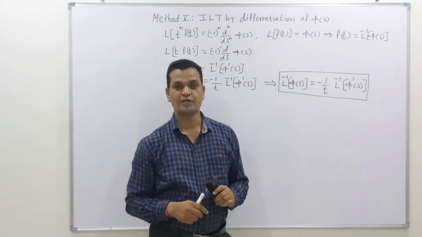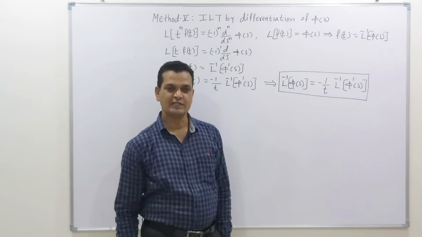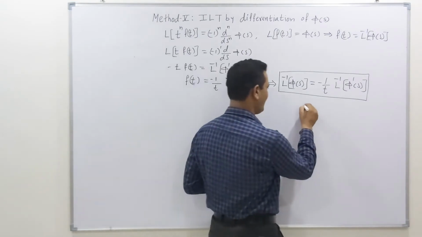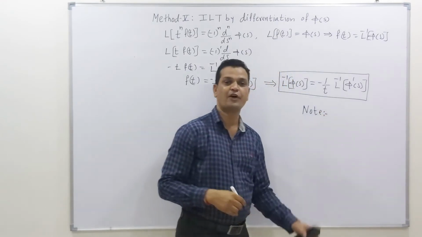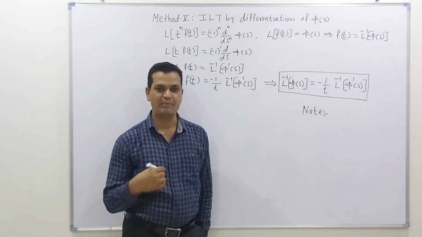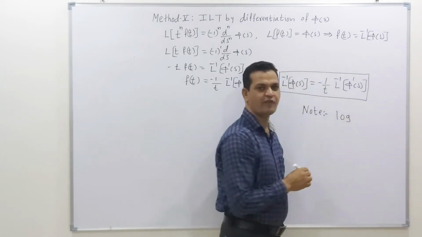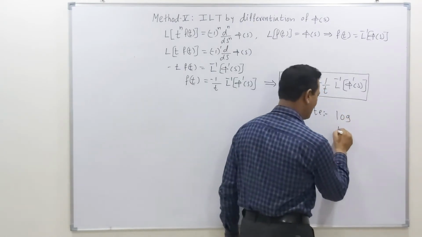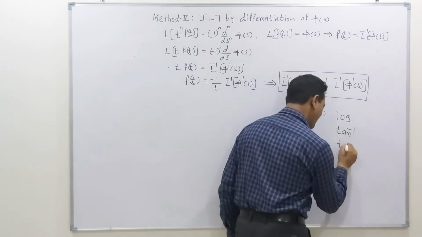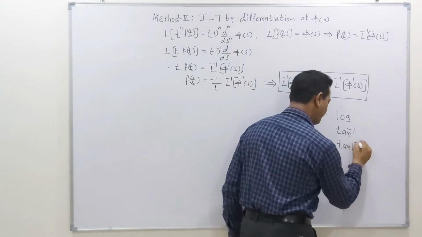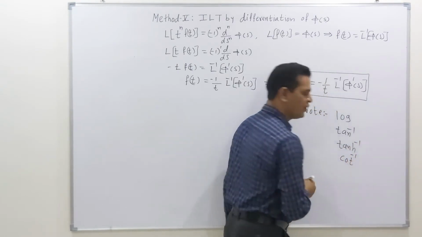Now friends, the question arises: when do we have to apply this method number 5 for finding the inverse Laplace transformation? We have to take note that this method is applicable only when the given example is in terms of log, or in terms of tan inverse, hyperbolic tan inverse, or cot inverse.